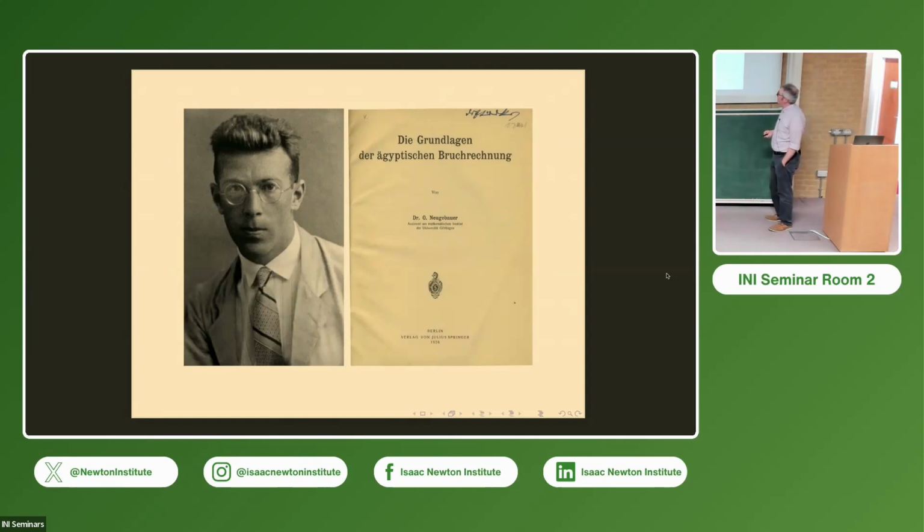So he begins his university studies studying mathematics and physics, but of course he moves into Egyptology, and so he's studying with some very prominent Egyptologists in Göttingen, and his very first publication in the early 1920s is a review of Peet's edition of the Rhind Papyrus.